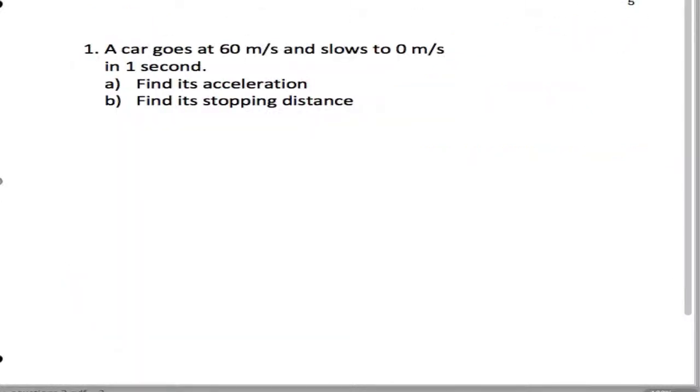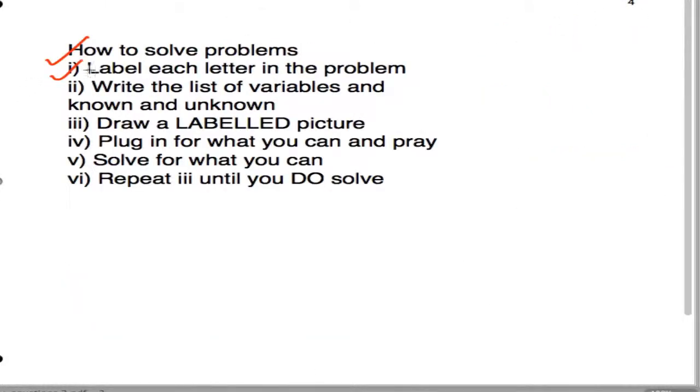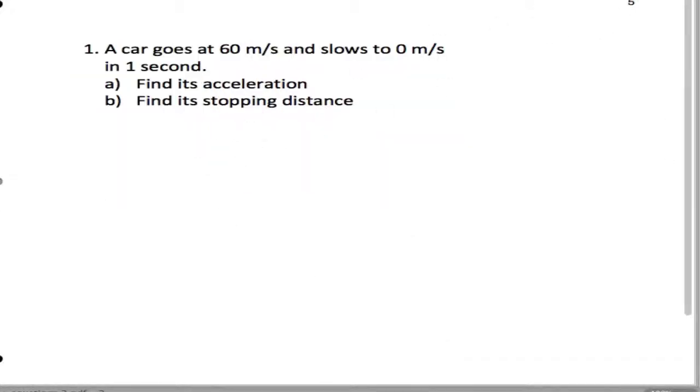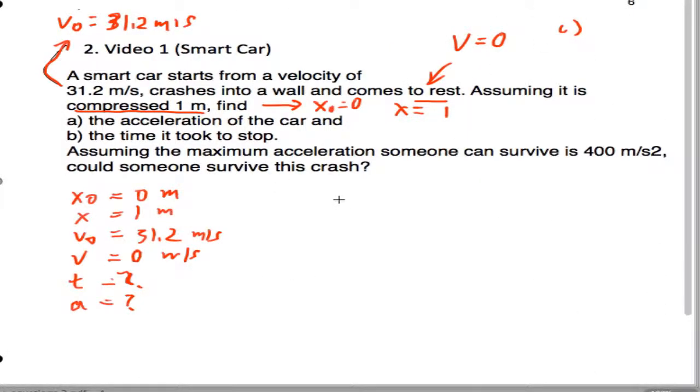Because we just finished step 2, we want to draw a labeled picture. And so continuing with the labeled picture, let's just draw a smart car like this. So this is my version of a smart car. And what's going to happen is it's going to crumple. And I'm going to say that it crumples over 1 meter. That's a really bad drawing, I know. I should actually draw it like this.